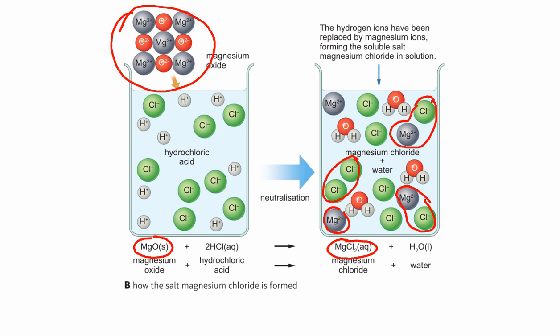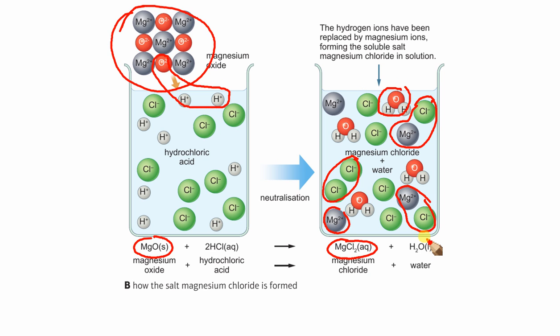But what else do we have going on? Well, the hydrogen ions are reacting with the oxygen in the base. So the hydrogen and the oxygen are reacting to get our water molecules.